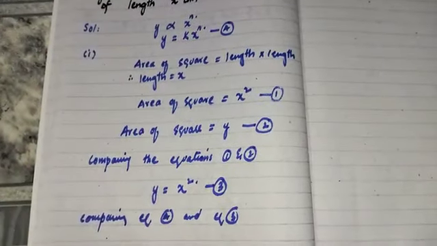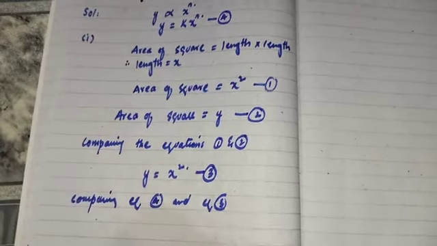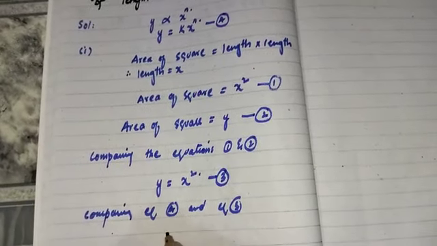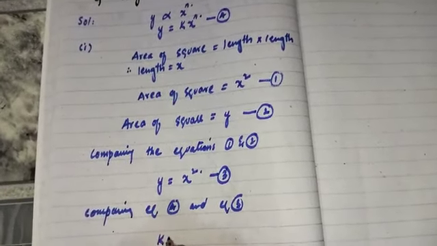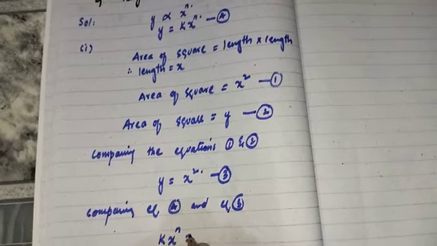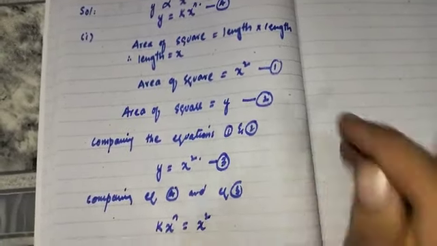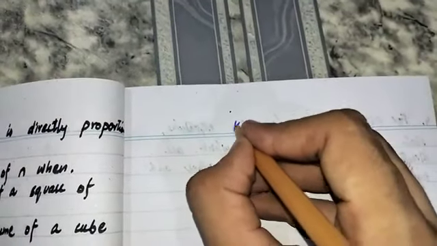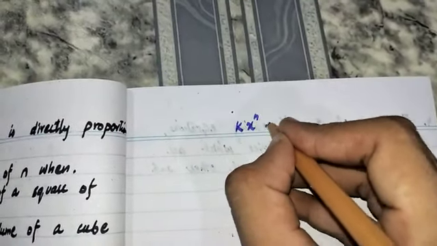In both equations the values of y are given. So comparing equation A and 3, k x power n must be equal to x square. I am writing this equation here: k x power n is equal to x square.